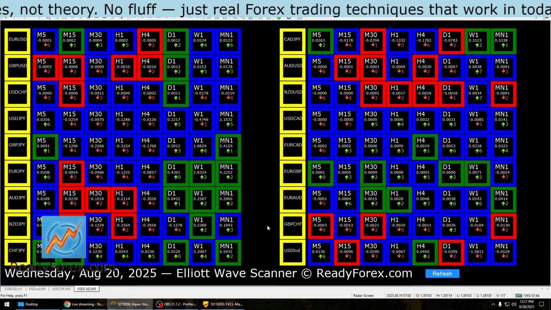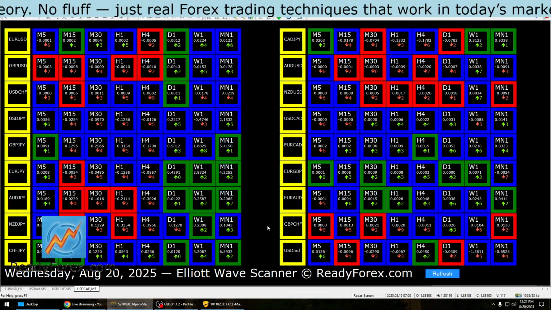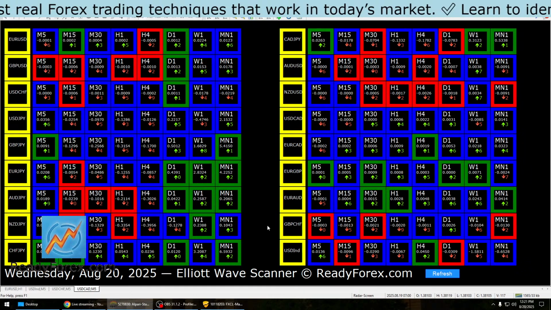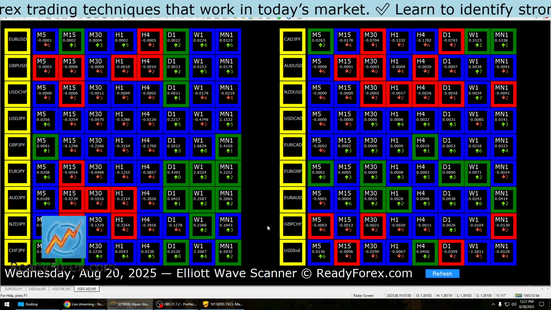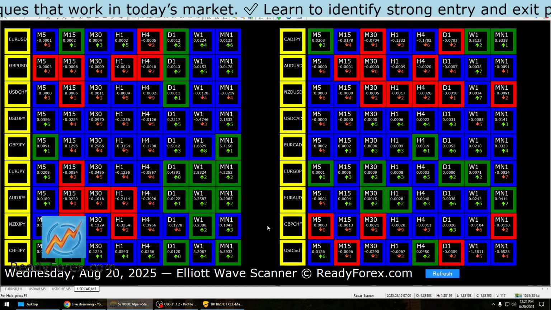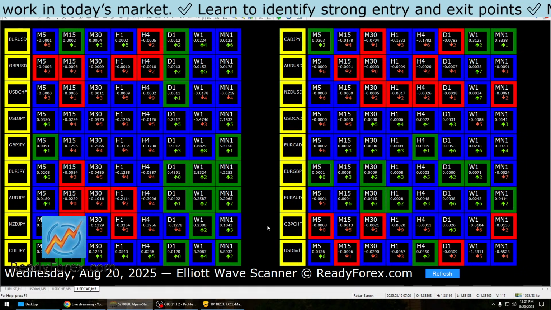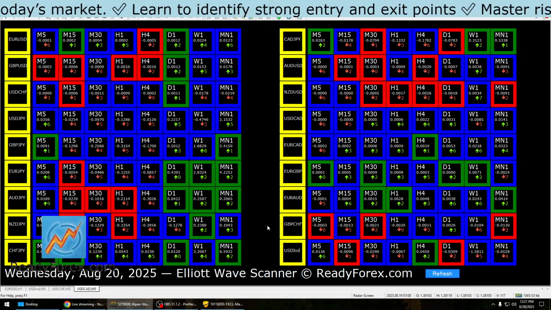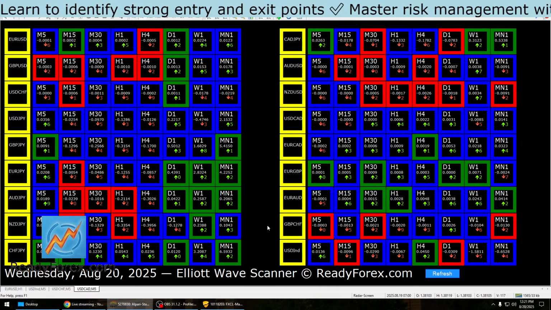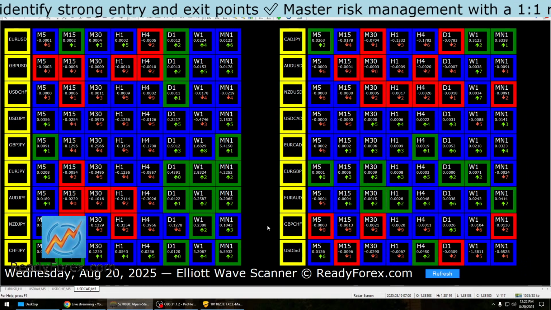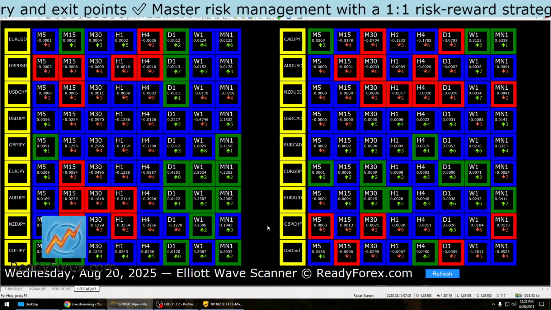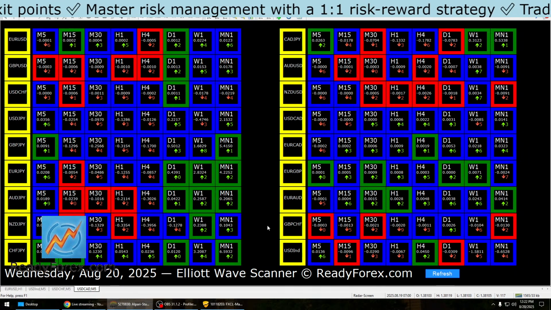This means we need to add something over here. What could we add? So the way I see it, Swiss franc JPY is setting up a potential sell pattern.